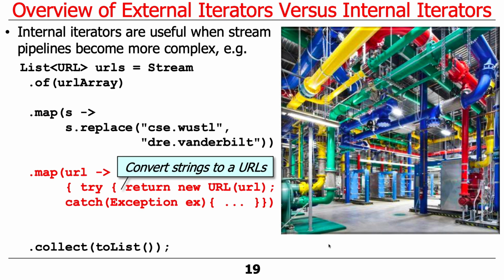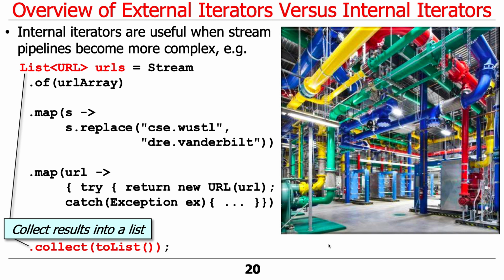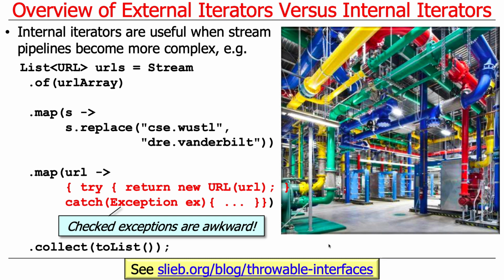And then we go ahead and convert each of those strings into a URL using this URL class and some other syntax. And then when we're all done, we can collect the results into a list of URLs. So arguably, that's a little bit easier to handle than writing it with loops. And I may show you an example of writing it with the loops in a second.